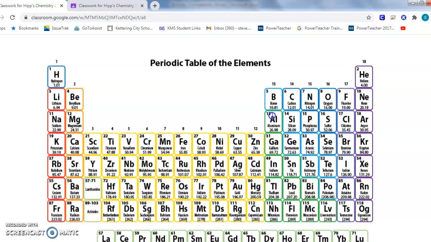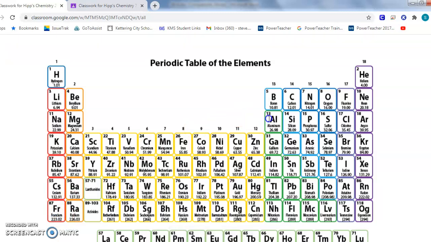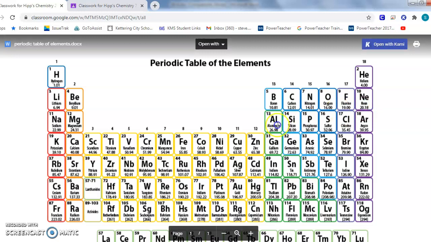So there are 3 more positives than negatives. That's what the 3 plus means. Now it only has 10 negatives. Neon has 10 negatives. Neon is a noble gas, an inert gas. It's chemically stable. So when aluminum loses 3 electrons, it will have the same number as neon, so it will also be chemically stable.